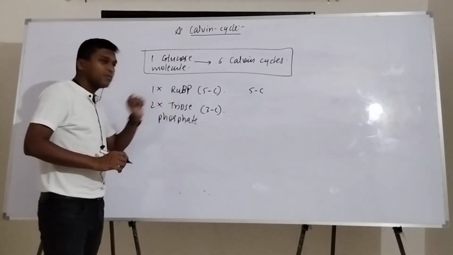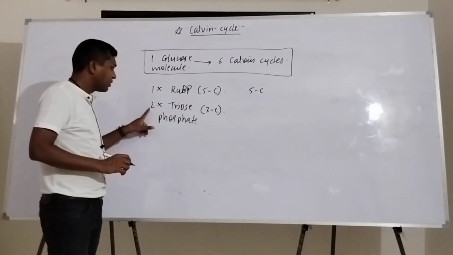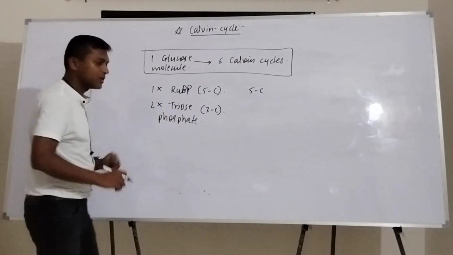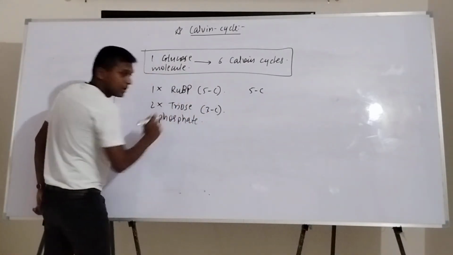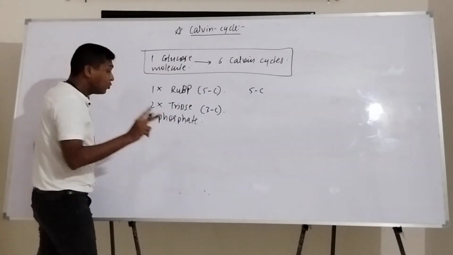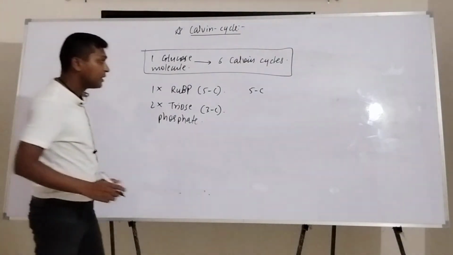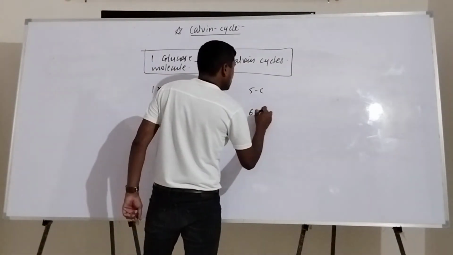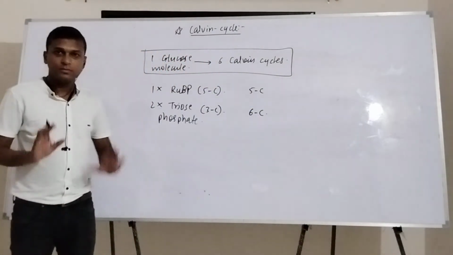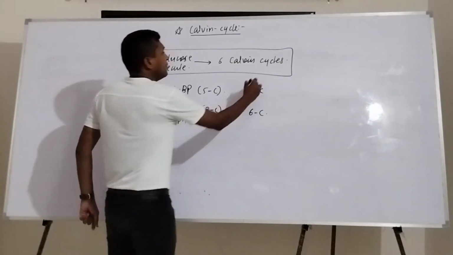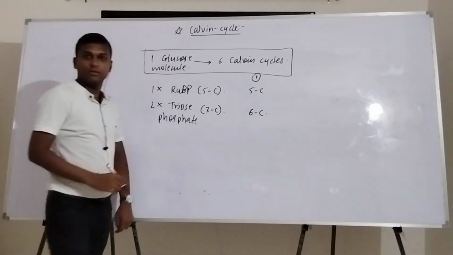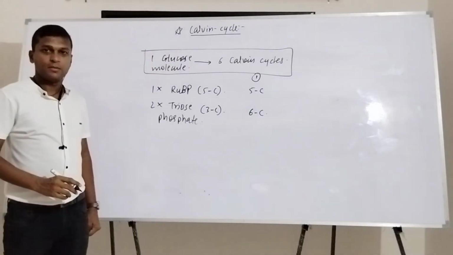But from this 5 carbon containing compound, you are able to produce 2 molecules of triose phosphate. One molecule of triose phosphate contains 3 carbon, then 2 molecules of triose phosphate will contain 6 carbon. Correct?